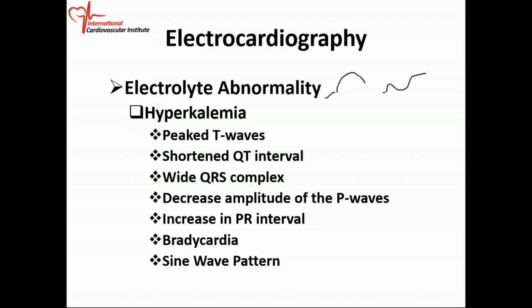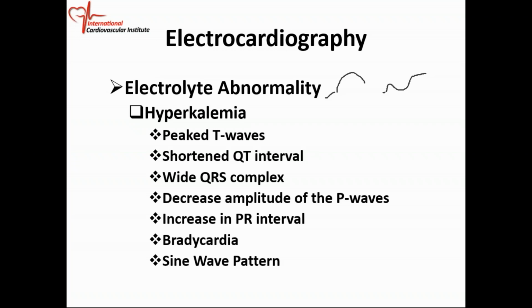The T waves are very, very peaked. The QRS complex is wide. The patient has a heart rate of 30 beats per minute, blood pressure say 80/40. You're not going to sit down and wait for the blood test to come back to tell you that the patient has hyperkalemia. The clinical scenario and your ECG tell you what's going on.